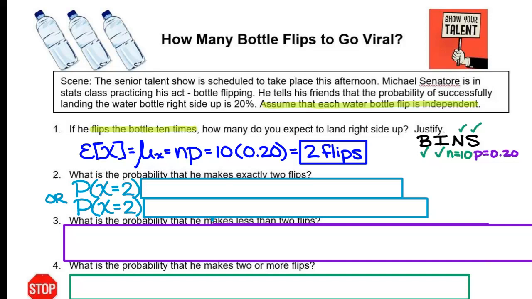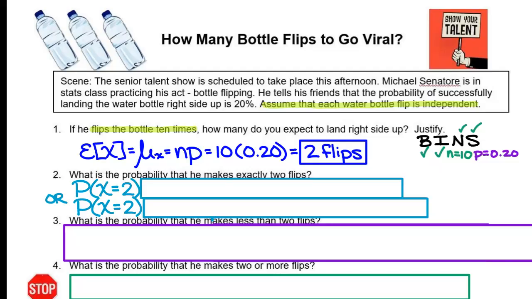Like 2 times 20%, or 2 times 20% is 8 times 80%? Close. Close, close, close. So we want to know the probability he makes exactly 2, so you've got 20%, and then you're timesing it by 2, and then adding that.